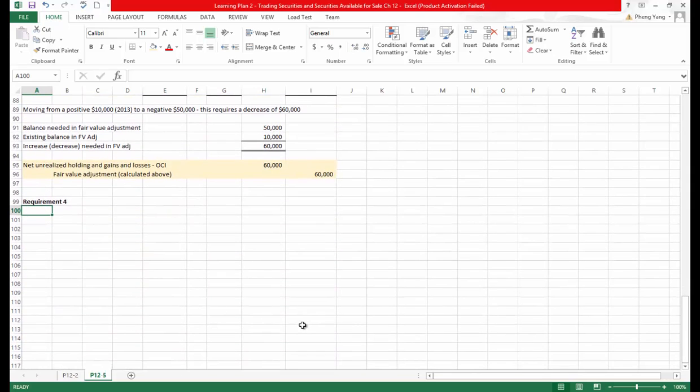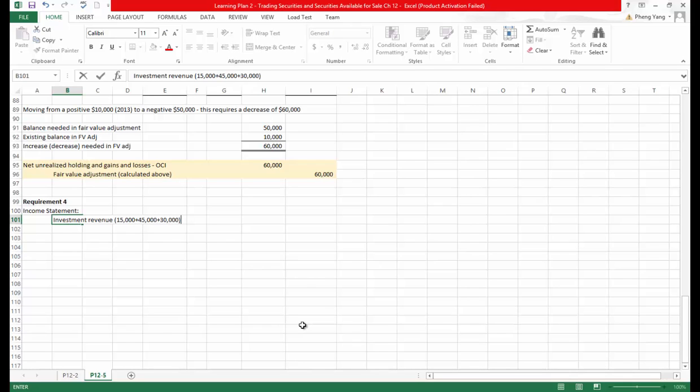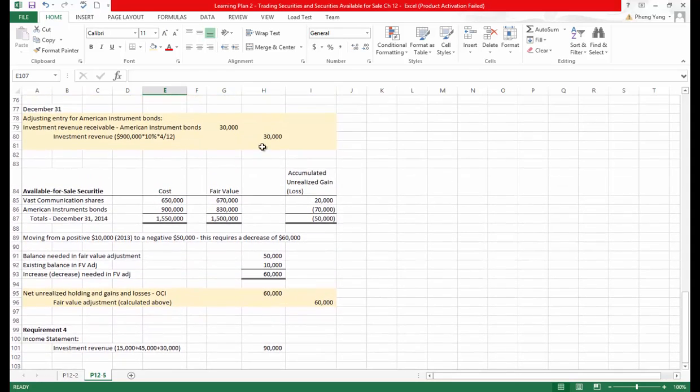All right, so in requirement 4, in the income statement, we will have investment revenue, which is the 15,000 plus the 45,000 plus the 30,000. That 30,000 is this right here of the accrued interest that has not yet been received, but we have to record.